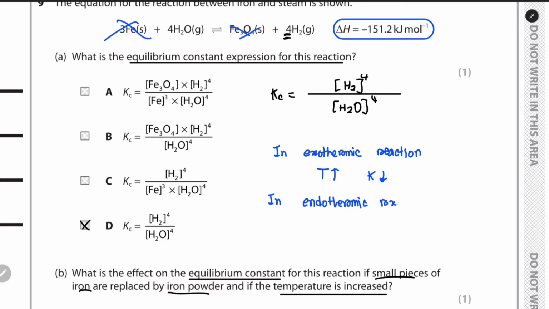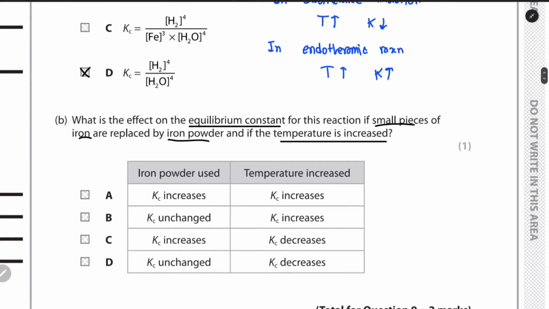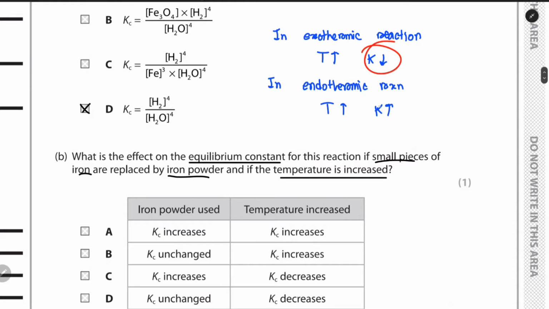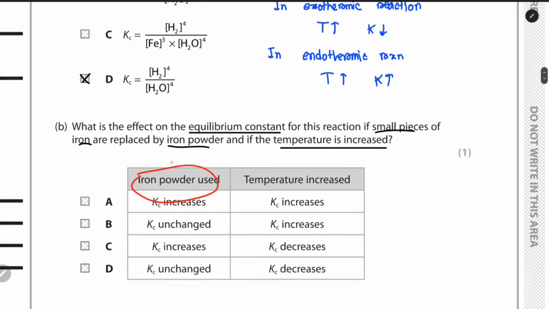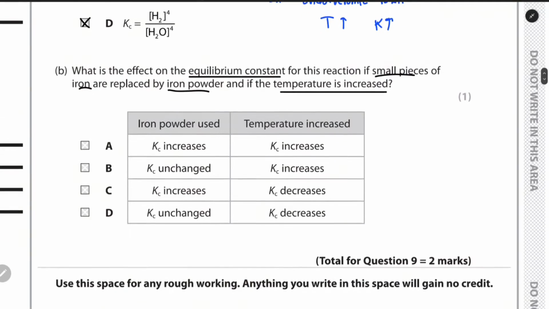So in an endothermic reaction, if the temperature increases, the value of K also increases. And we have to take into account that the value of K, the equilibrium constant, is only dependent on the temperature.